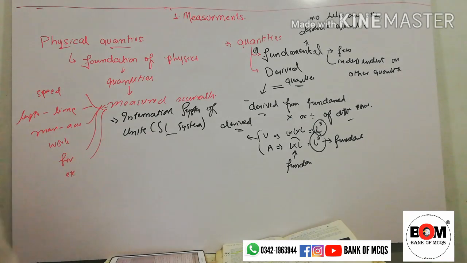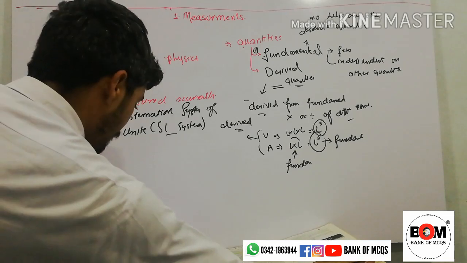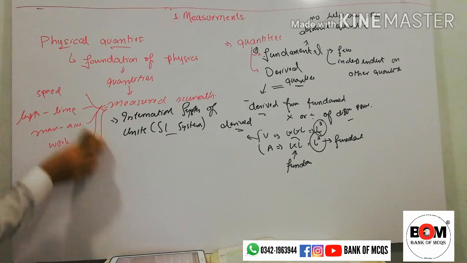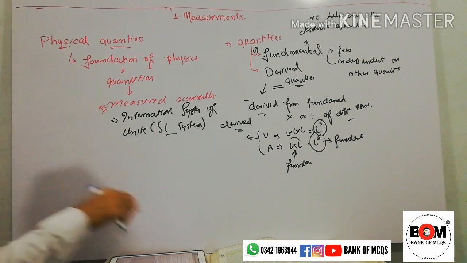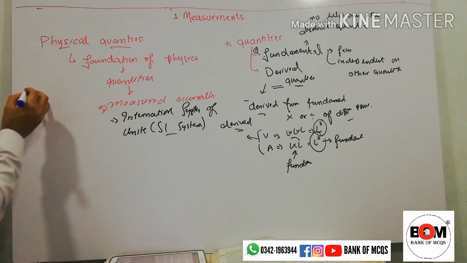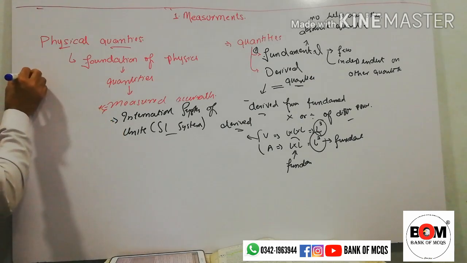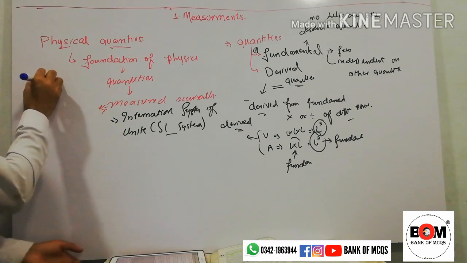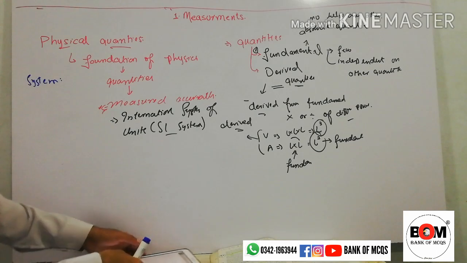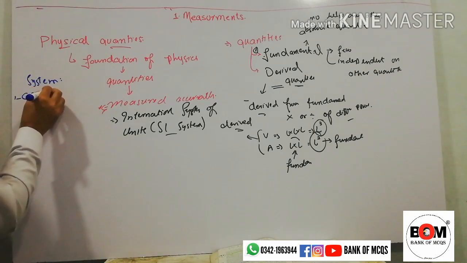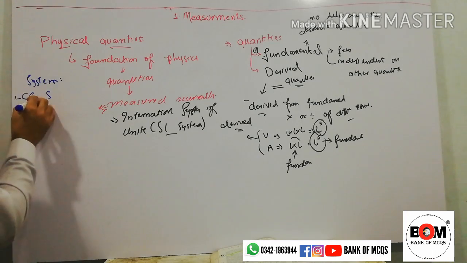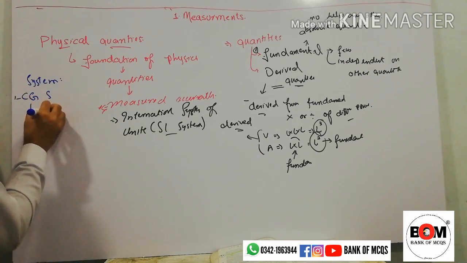Before going to the International system, there are also other systems. The first one is CGS. This system is also called the Gaussian system.